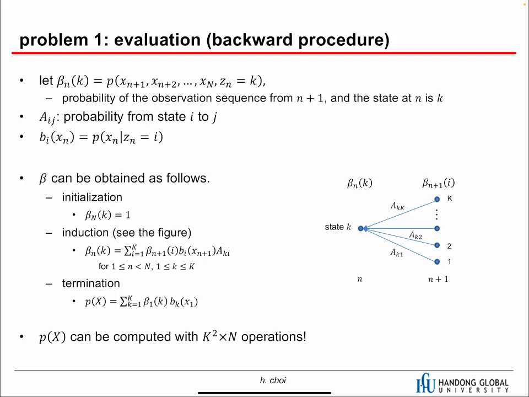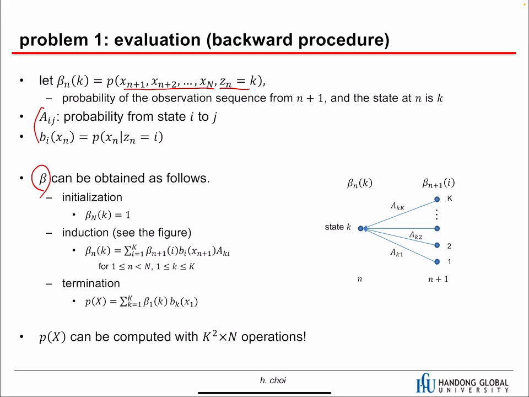Beta is the probability of the subsequence from n plus 1 to N, given that Zn is k. The A and the B are the same as before, and we can define this beta by induction as we did for alpha.